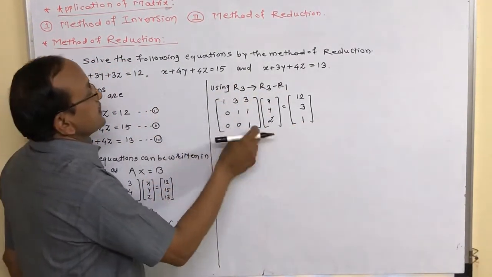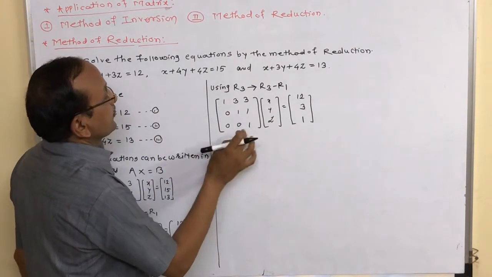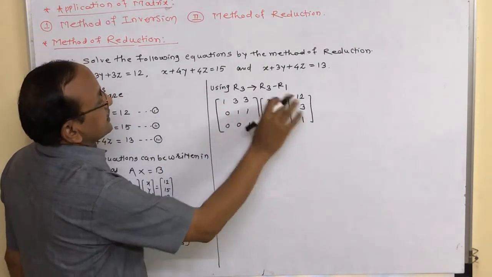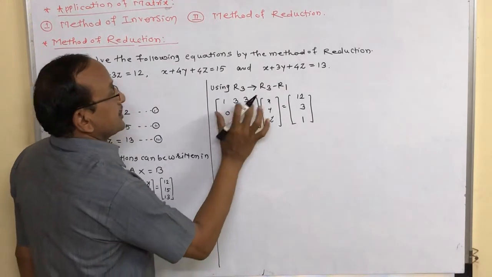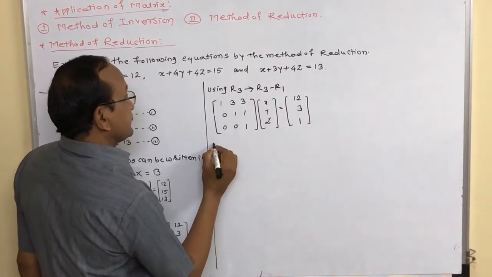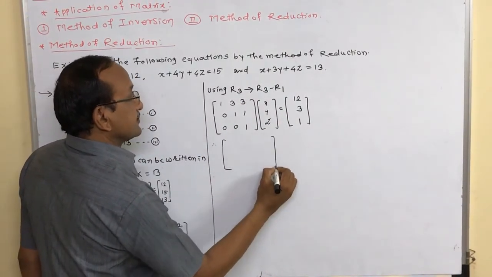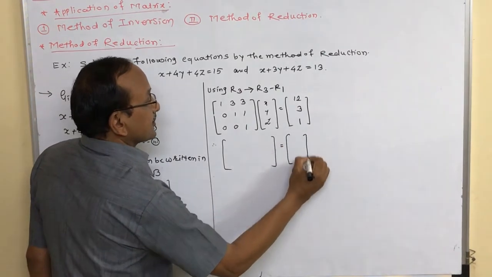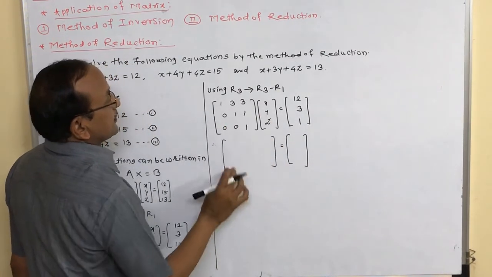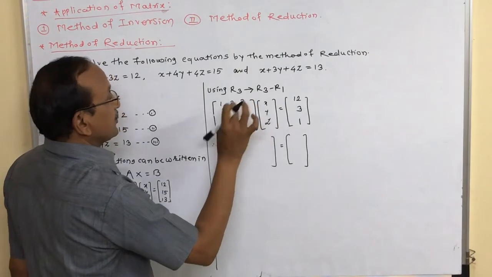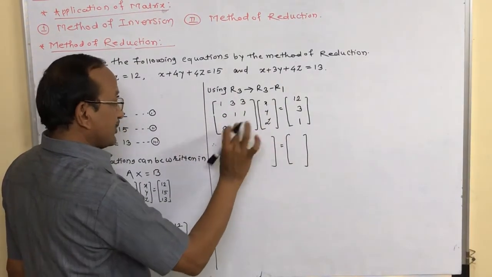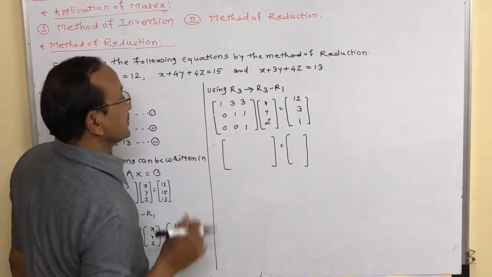So this is the matrix. Now take its product, multiplying each row by the column.